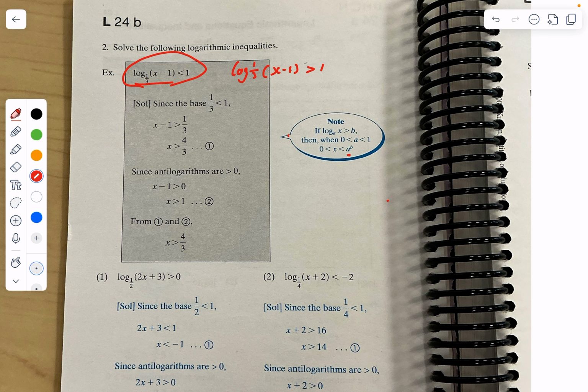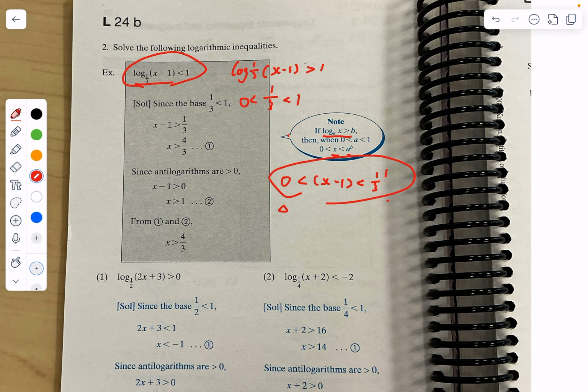Then following the rule over here, my a is right in between 0 and 1. So I can assume that 0 is over here, and over here this will be x minus 1, and then 1 over 3 to the power 1. That's my assumption. Very importantly, we have the 0 here, right? Because the anti-logarithmic cannot be 0 or smaller than 0. And we have the 1 over 3 to the power of 1, which is a to the power of b.